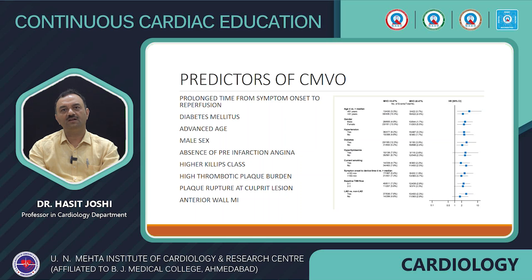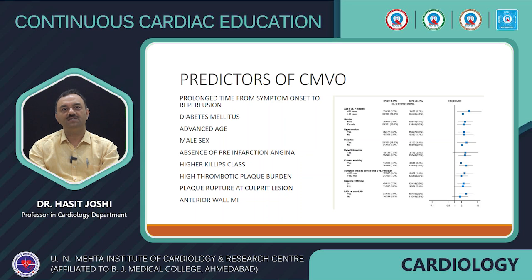We have always known that time is muscle, but if the ischemia is persistent for more than 90 minutes, even after you open up, there is a lot of damage at the capillary level which cannot be retrieved by just opening the conductance vessels. So opening up the coronary artery, the coronary lesion, and a normal FFR does not mean that the myocardium will be perfused 100%. So the time is muscle adage applies here also.